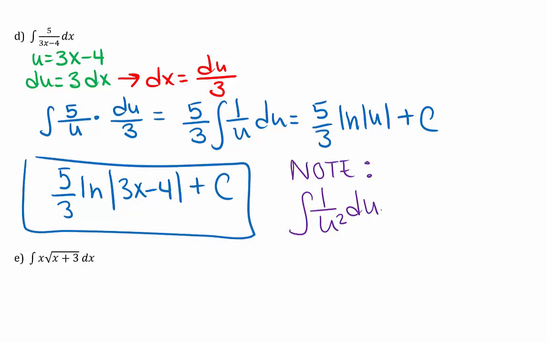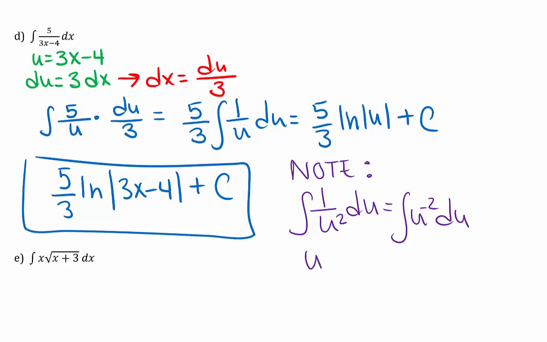Now, I do want to take the time to make a little bit of a side note here. One common mistake that I'm noticing is that when people see 1 over something, it's natural to say, oh, this is going to be a natural log. But it's only 1 over x or 1 over u that gives you a natural log. If you have something else, like 1 over u squared, we would have to rewrite this as u to the negative 2, and then we could use our power rule to integrate.